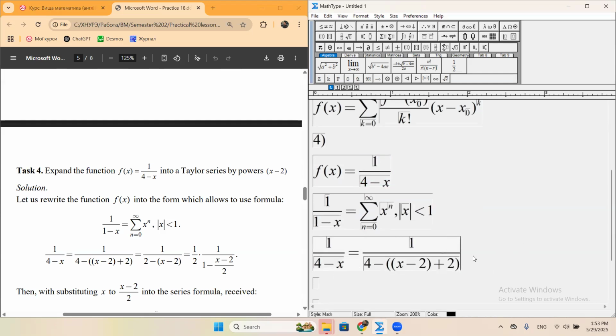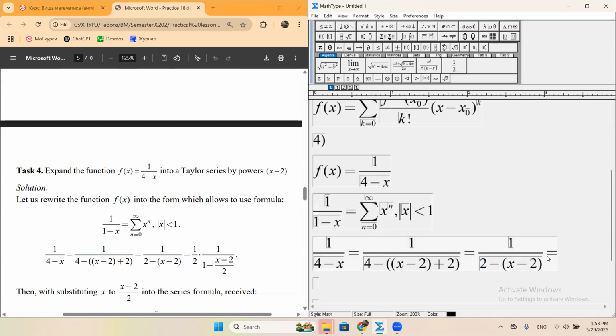And then if I expand brackets, I will have 2 plus 1/(2 minus (x minus 2)). But to use this expansion, to use this formula, I need to receive 1 here.